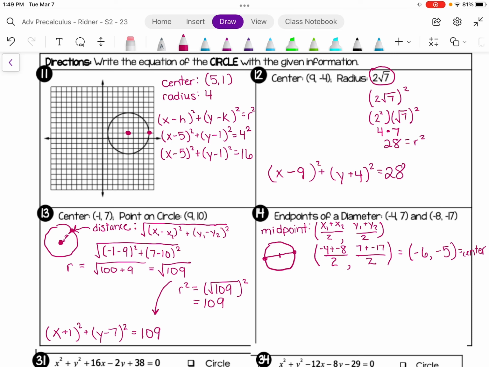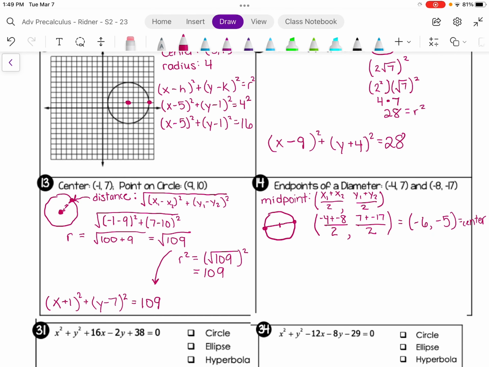Okay. Your radius is going to be just like we found before. So we're going to go from the center that we just found to one of the endpoints. It should not matter which endpoint you pick, because at the end of the day, you should get the same answer. So I could have -4 plus 6 quantity squared plus 7 plus 5 quantity squared, which would equal the square root of 148.